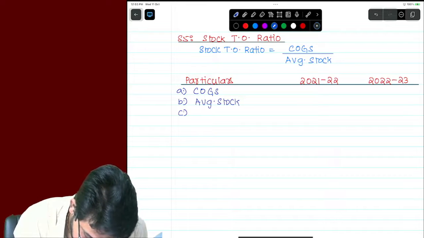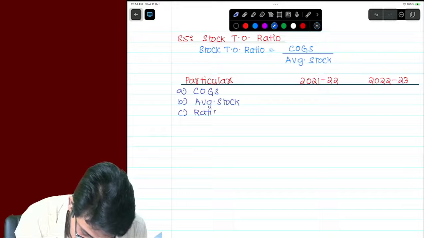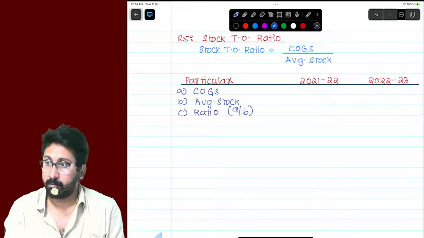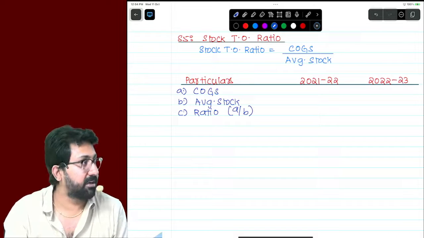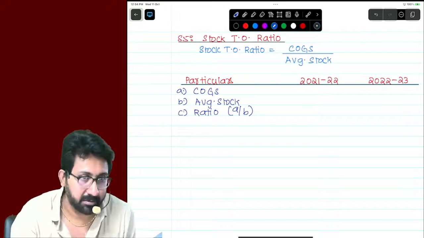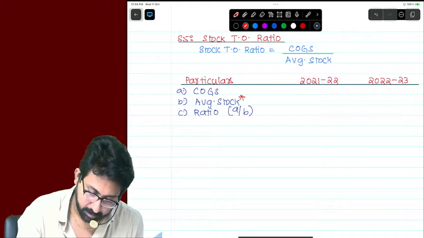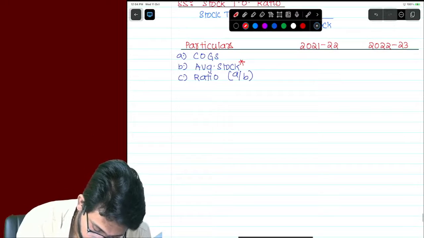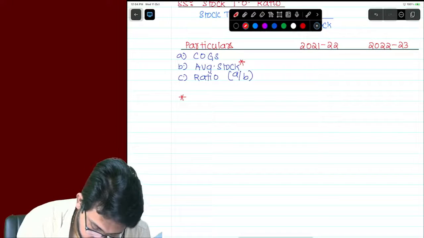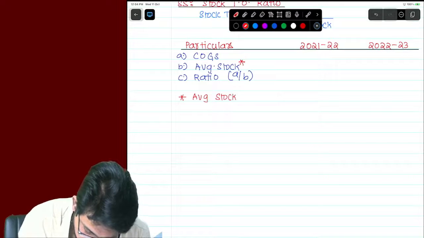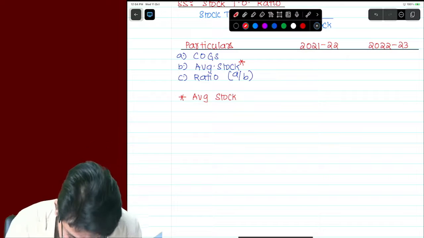C, ratio. A by B or B by A? A by B. First, average stock we need to make a calculation. Put a red mark there. Below write down average stock calculation.